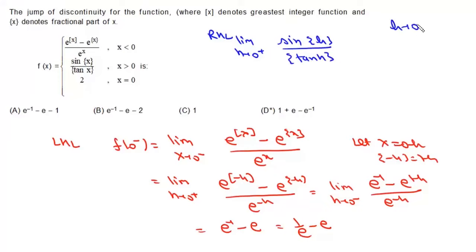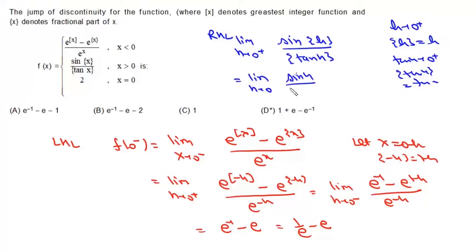Now when h is greater than 0 but less than 1, then fractional part of h is h, and also when h is positive, 10h is also positive. So fractional part of 10h will also be 10h. So it will be simply this limit h tends to 0, sin h upon 10h, and which is 1.